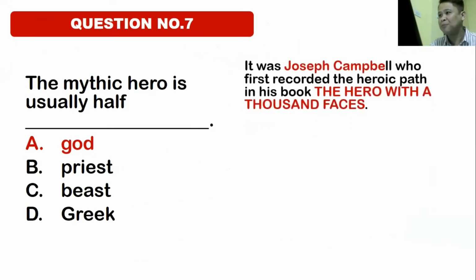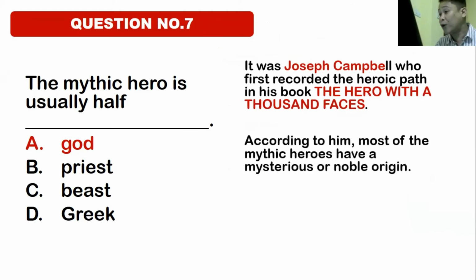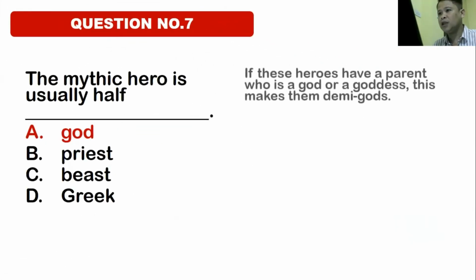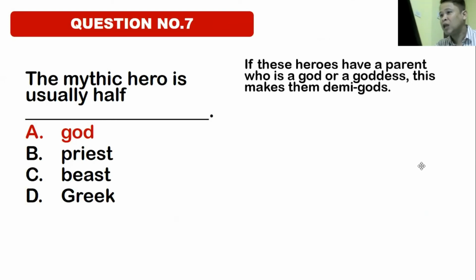It was Joseph Campbell who first recorded the heroic path in his book entitled The Hero with a Thousand Faces. According to him, most of the mythic heroes have a mysterious or noble origin. The hero will often be the child of a god, a goddess, a king, or a queen. If these heroes have a parent who is a god or a goddess, this makes them demigods.